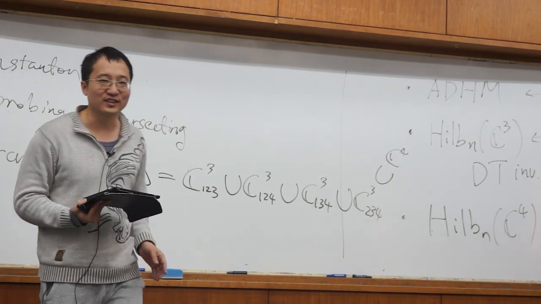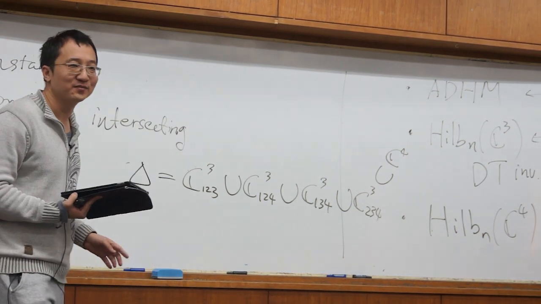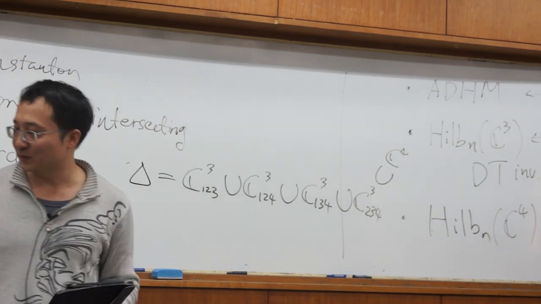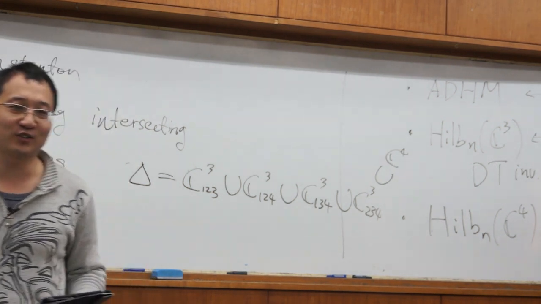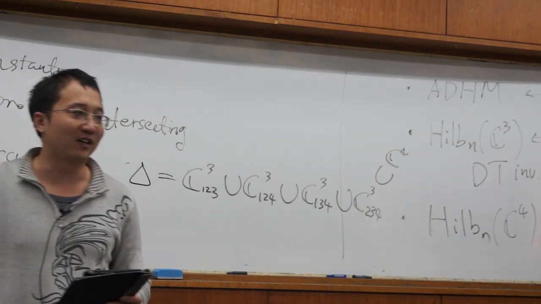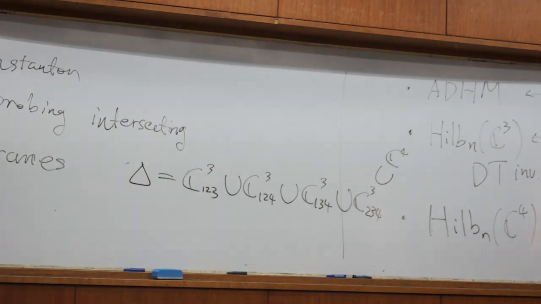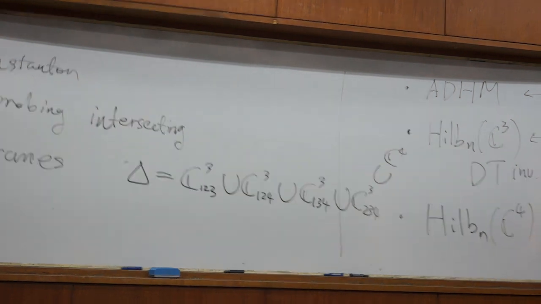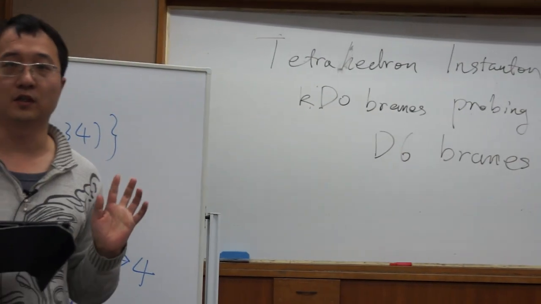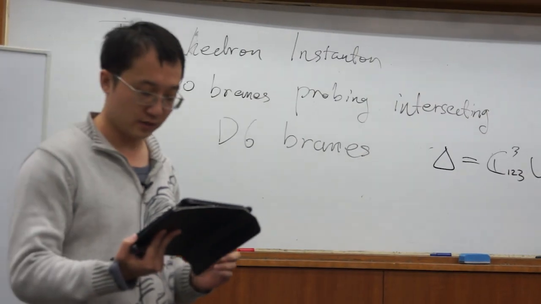So you can also think of that as an origin of the name. But we really invented this name just for easy labeling of all the different D6 branes. Okay, so this is the brane setup of our system. Any questions?